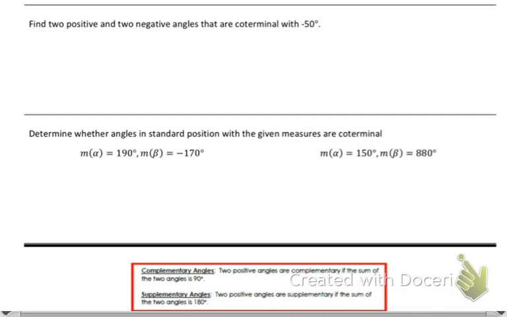I'm supposed to find two positive and two negative angles that are coterminal with negative 50. How could I find one positive angle that's coterminal with negative 50 degrees?